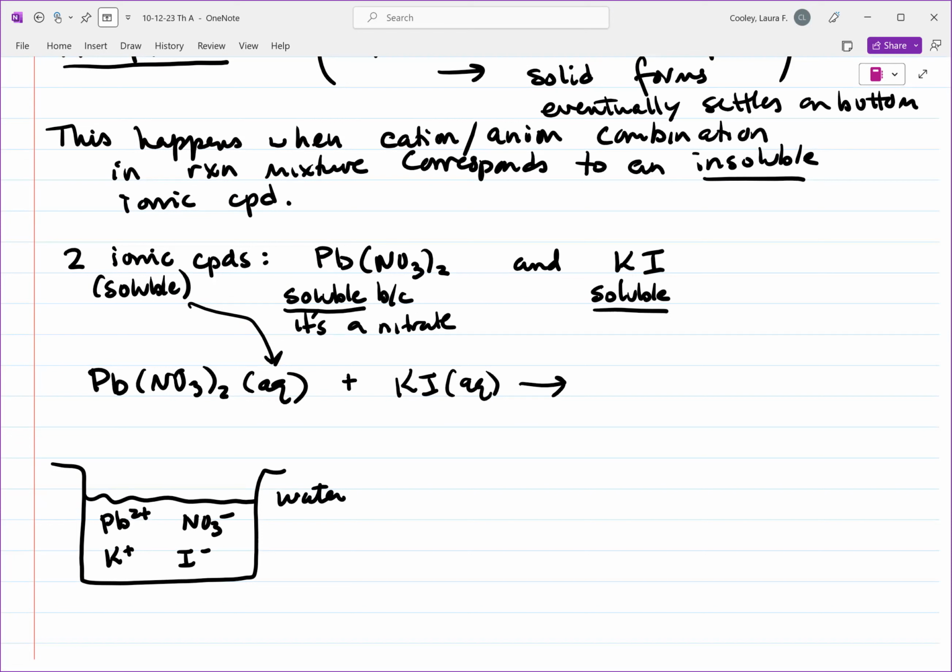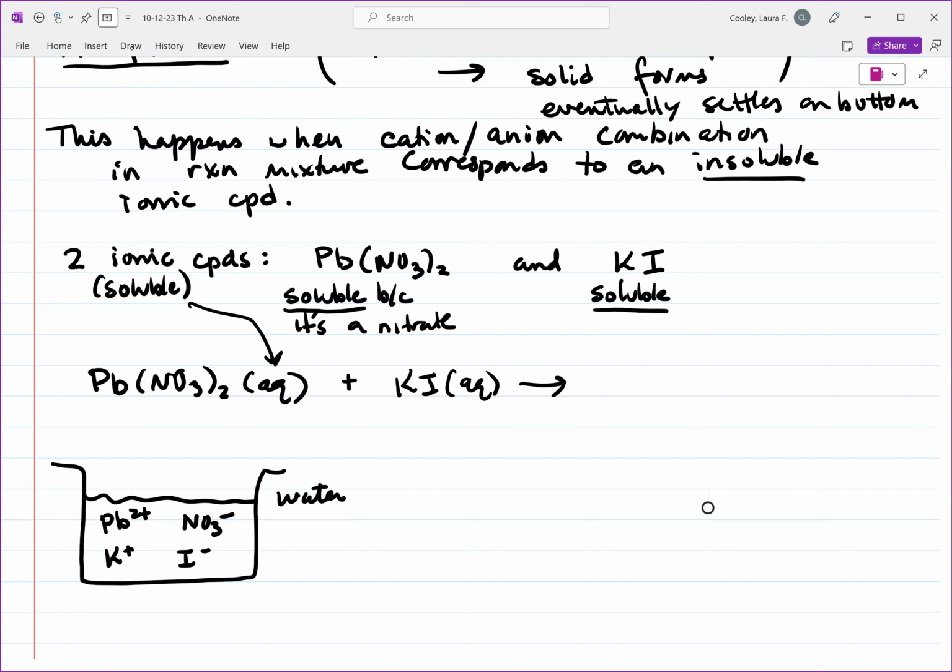Can we put together a plus ion and a negative ion so that you end up with something that does not dissolve in water? And what would that be? So we already started with lead nitrate and potassium iodide. So pairing those together aren't going to get you anywhere. Those are soluble. How about lead with iodide and potassium with nitrate? Are any of those insoluble?